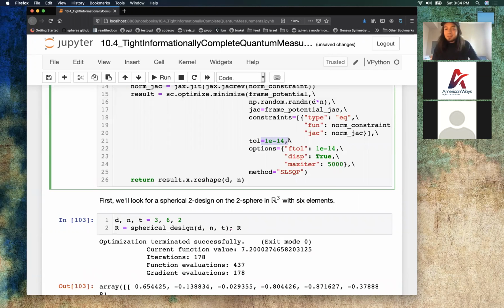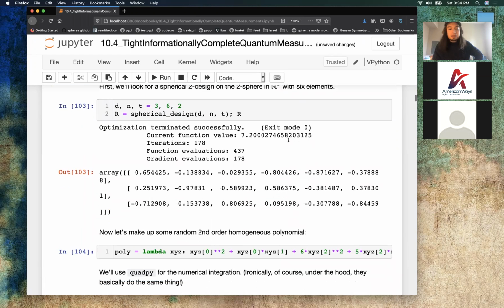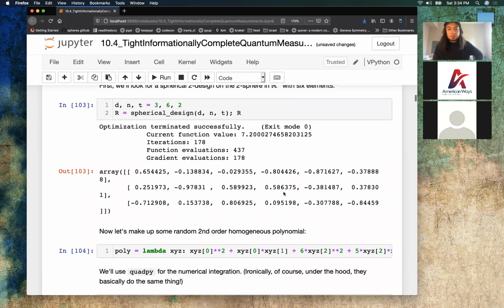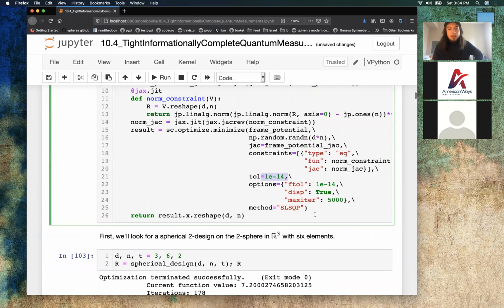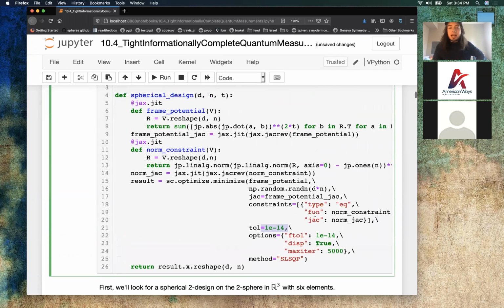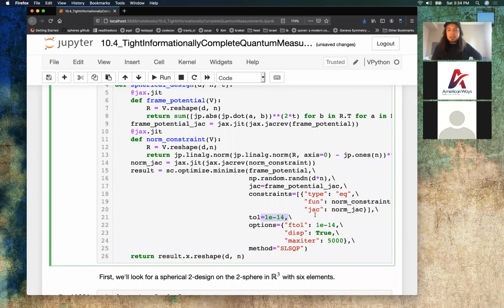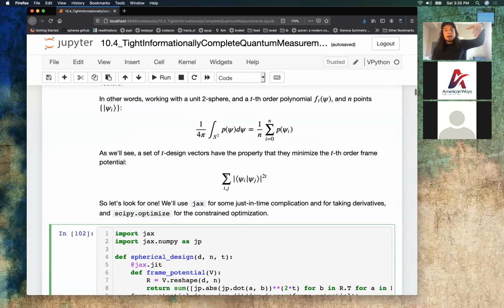Wait, Matt. The 6 vectors that you have right now at the bottom of the page. Yeah. How did you get those 6 vectors? So they came out of this little optimization algorithm. This basically starts with a set of 6 random vectors, and then it can calculate the gradient of the frame potential, right? Because we want to minimize this.